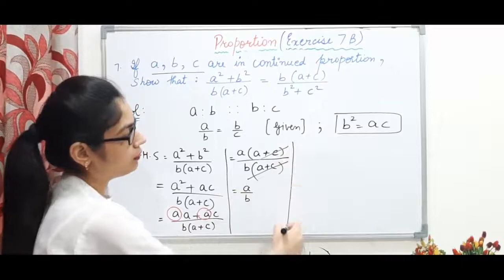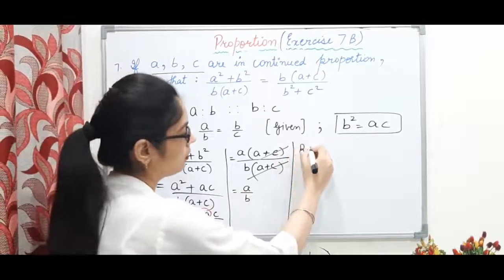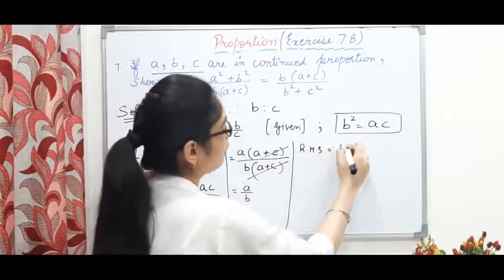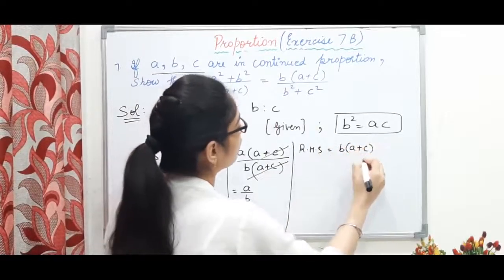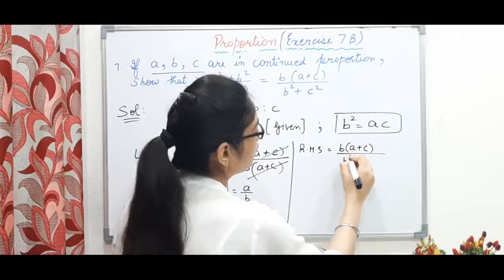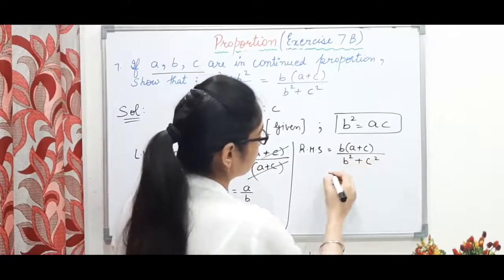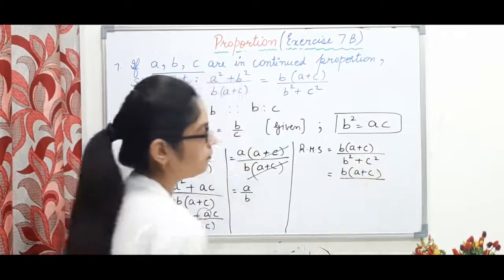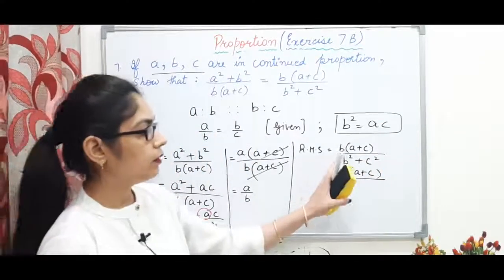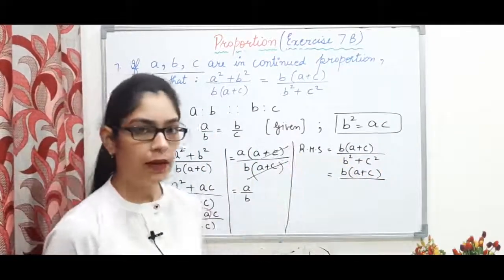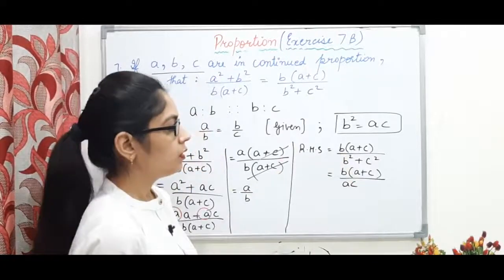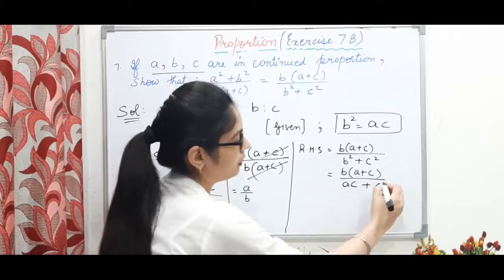Now let's solve the right hand side. It's given b into (a plus c) by (b square plus c square). So b into (a plus c) as it is, and again we will substitute the value of b square as ac, plus c square.